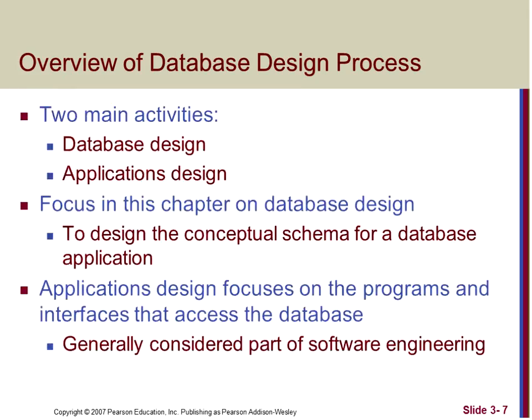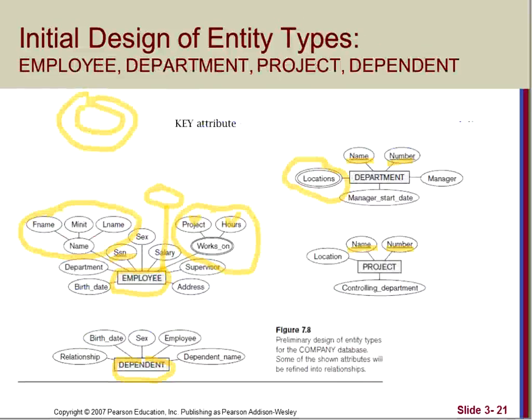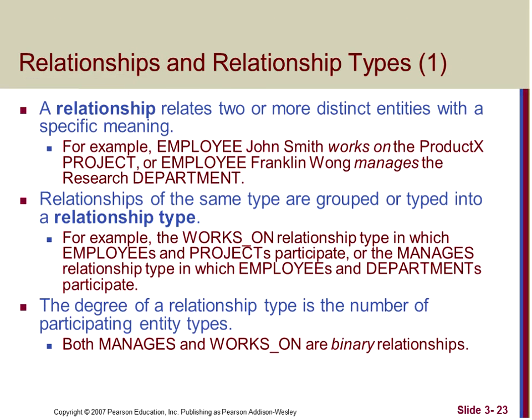Let's take a look at more examples from the slide. So for example, we can find the works-on relationship. For example, John Smith works on the product X project. It's works on a specific project. Franklin Wong manages the research department.